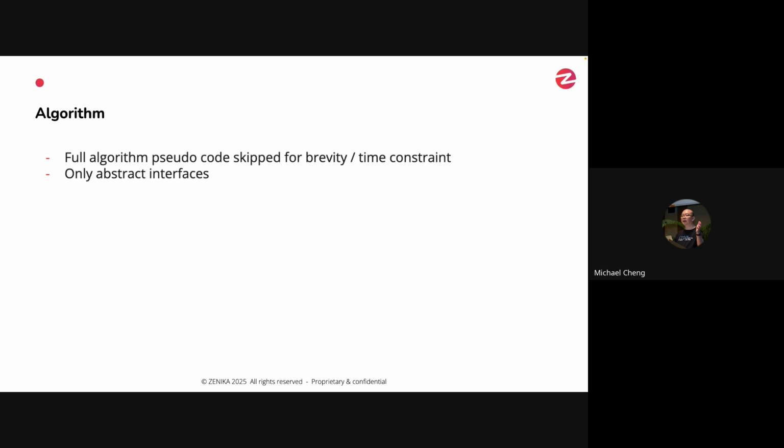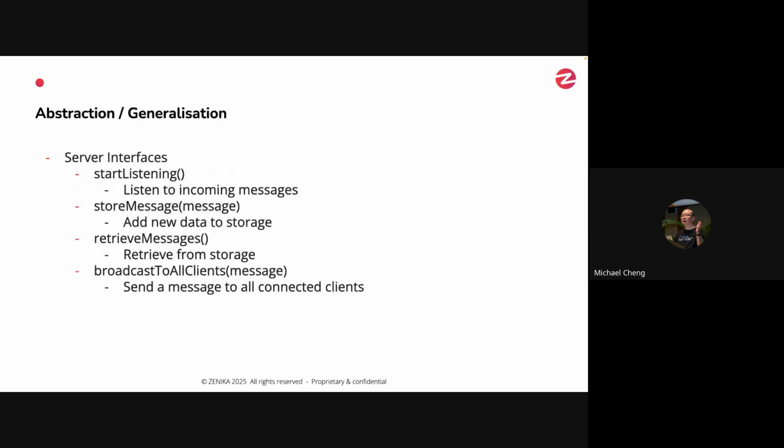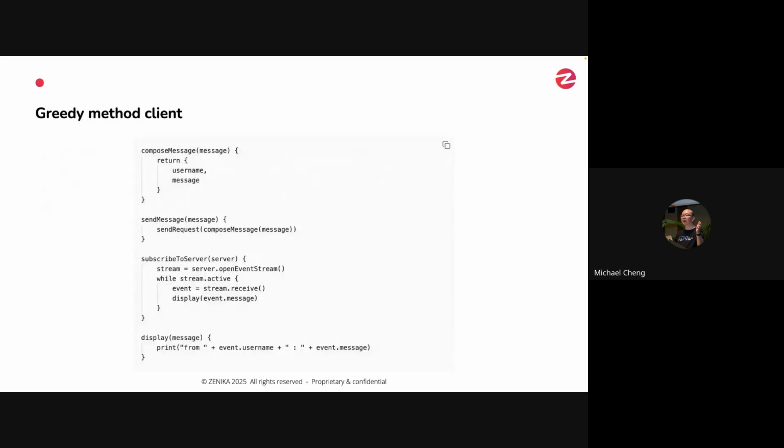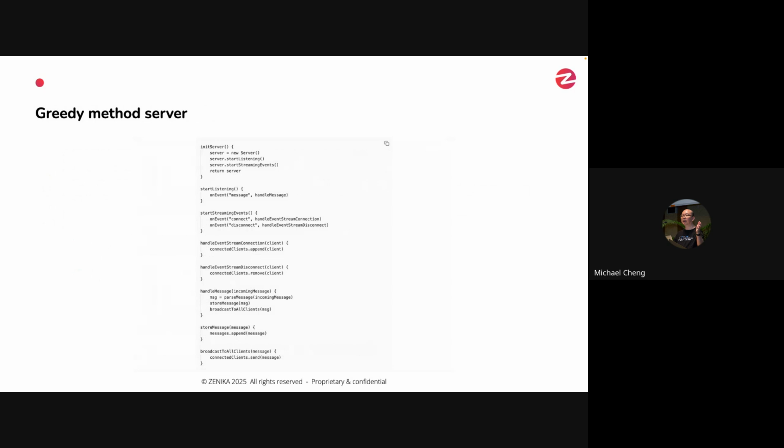So for the algorithm itself, we're going to do pseudocode, as said earlier on, and it utilizes the abstract interfaces we have defined earlier on. So this is how it kind of looks like. You define these interfaces, and then you have the server that has certain other interfaces as well.